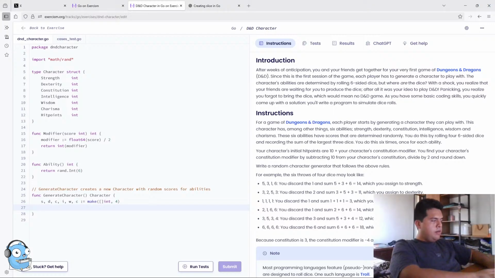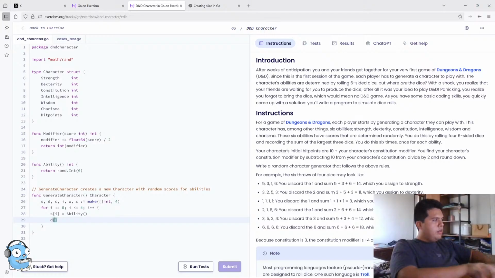Okay, i equals 0, i is less than 4, i plus plus. Okay, s index equals to ability.